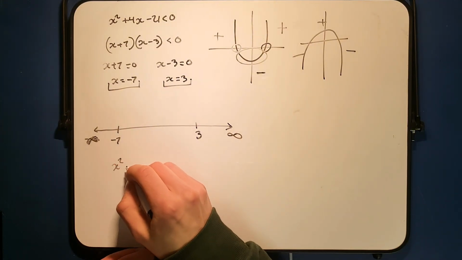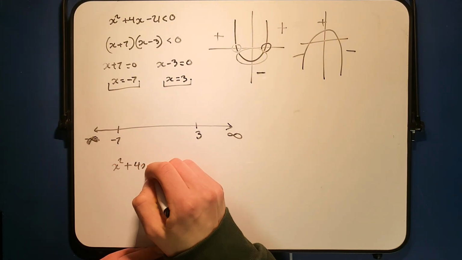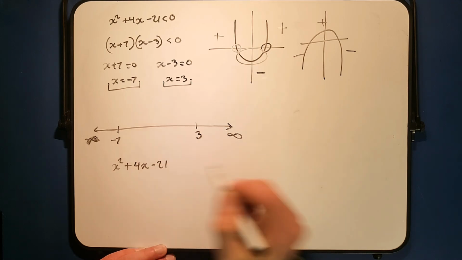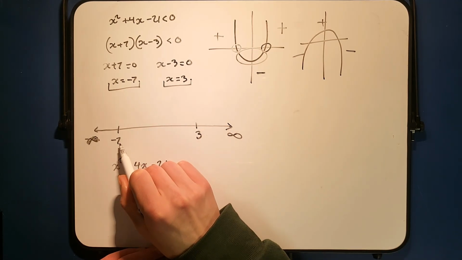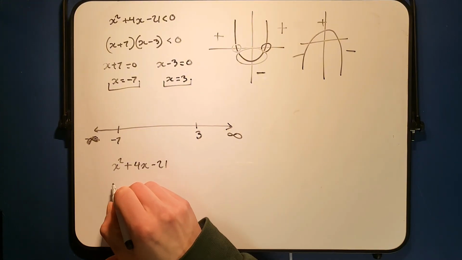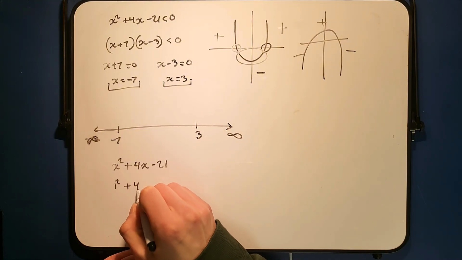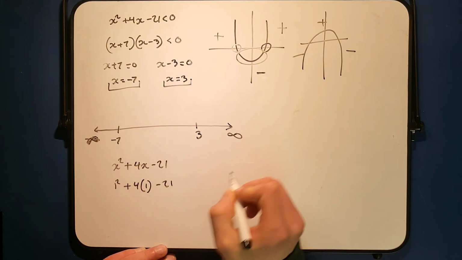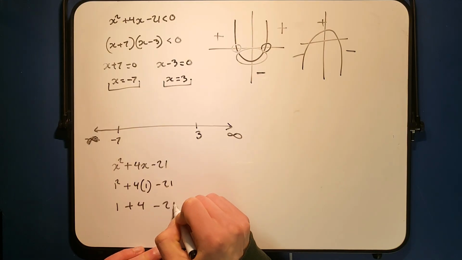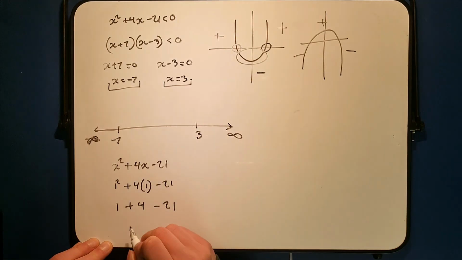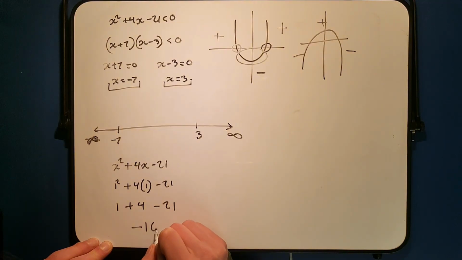Here, let me explain. So x squared plus 4x minus 21. If we plug in x is equal to 1, right, because 1 is between negative 7 and 3, we get 1 squared plus 4 times 1 minus 21. That will give us 1 plus 4 minus 21, and that will give us minus 16.